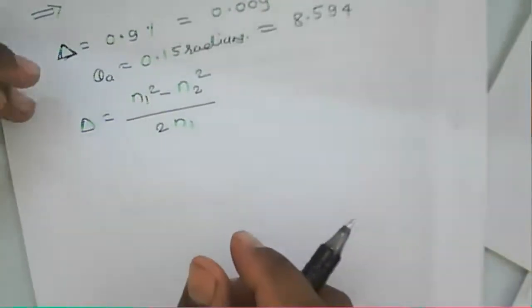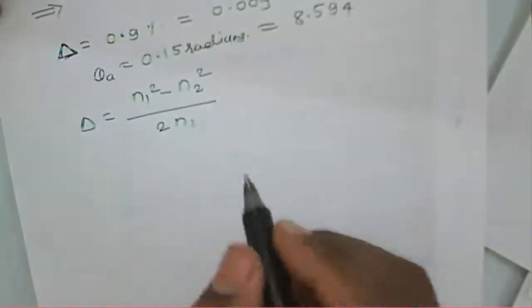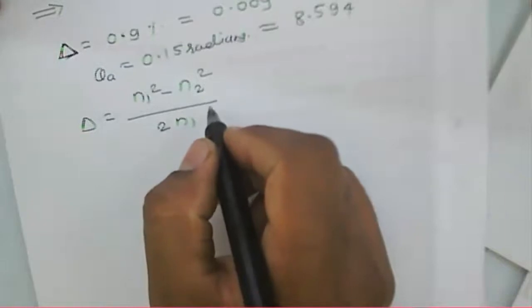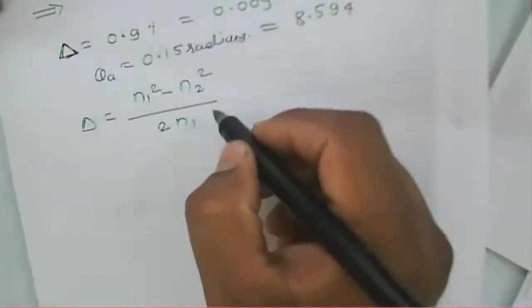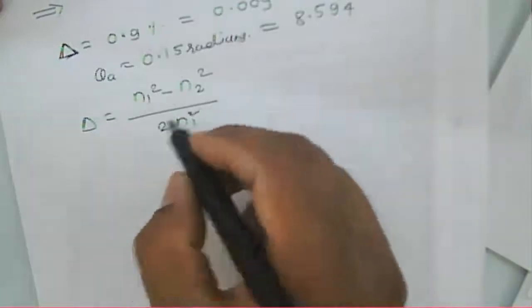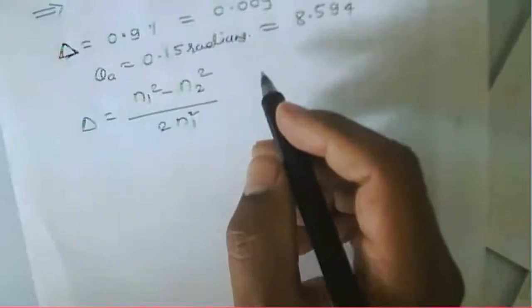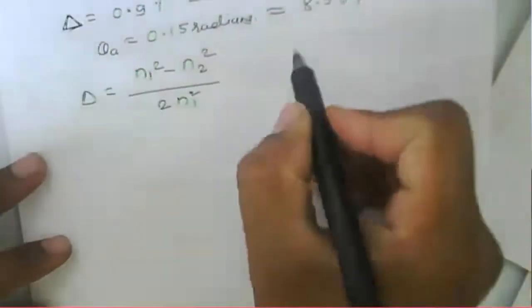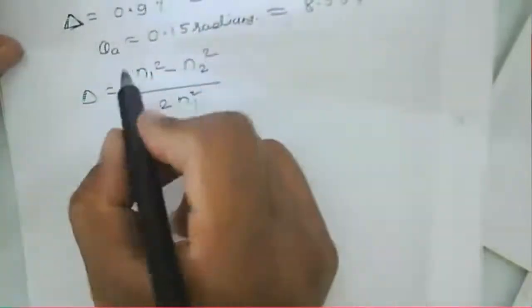But right now, if you see this particular equation, we don't know the value of twice n1 square, and we don't know the value of n2 here, because they have just given the equation of the acceptance angle theta a.